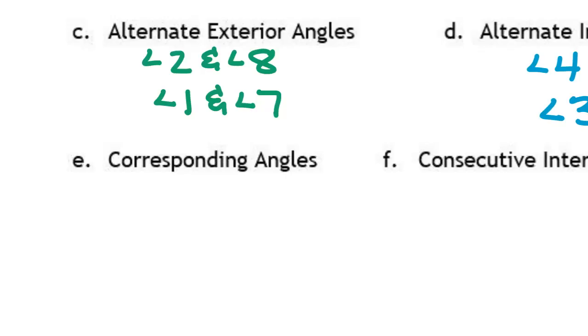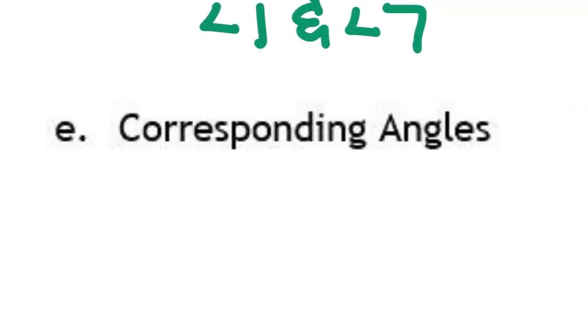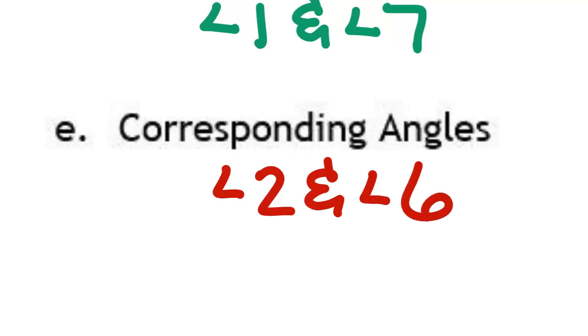Corresponding. Now I need matching corners. What are my corresponding angles? I heard 2. 2 and what? 2 and 6. Angle 2 and angle 6. That's going to be my upper left and upper left. What's another pair of corresponding angles? Angle 1 and angle 5.